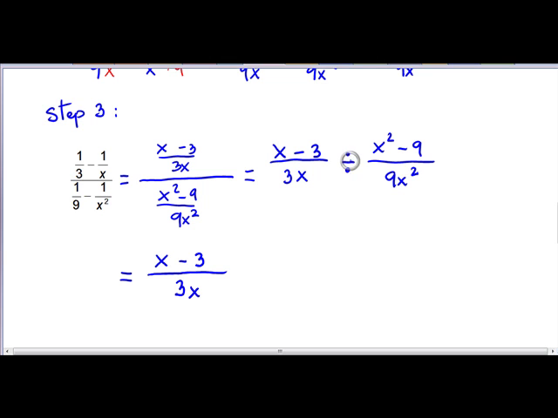We change this into multiplication by the reciprocal of the second one, so we have 9x squared over x squared minus 9. Please be careful: you always have to change to multiplication by the reciprocal of the second fraction.